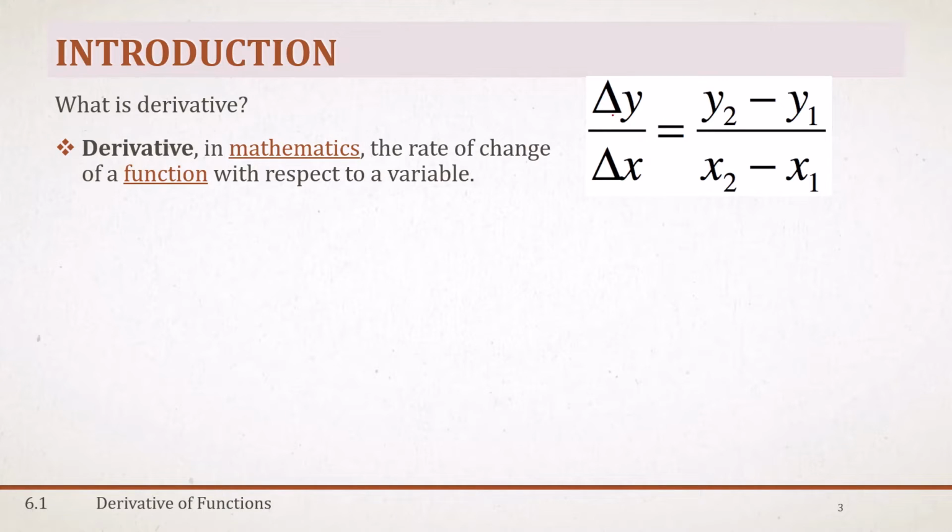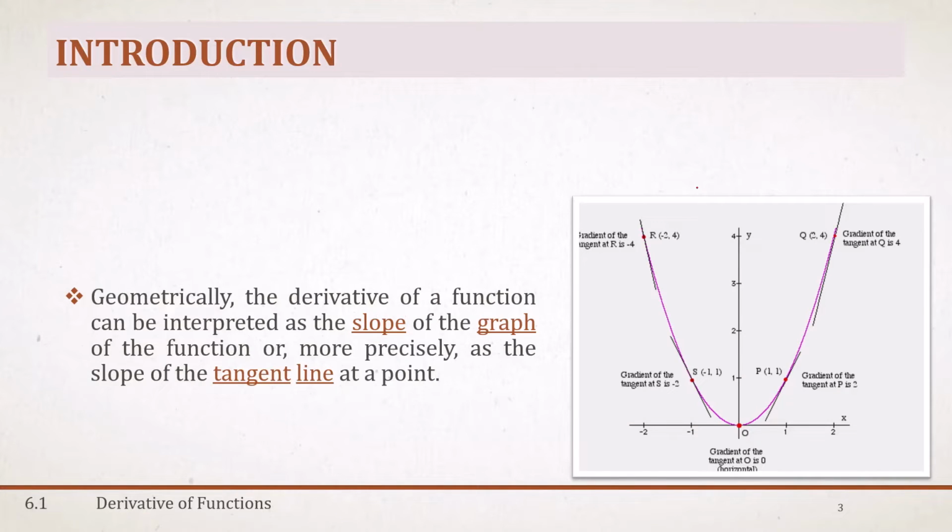Delta is basically the difference of two nearby variables, so we have y2 minus y1 over x2 minus x1. Geometrically, the derivative of a function can be interpreted as the slope of the function. If you look at this curve, we have different slopes at different points.